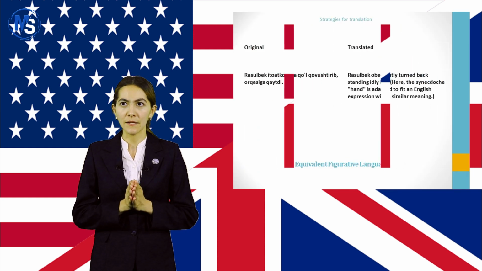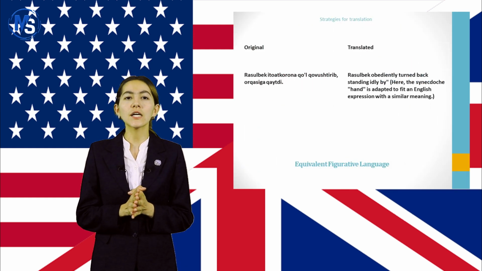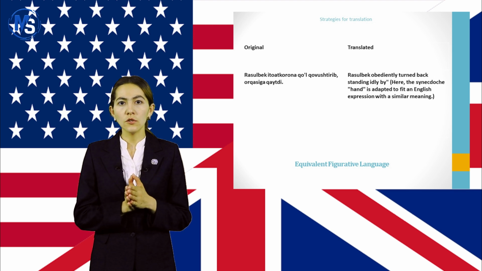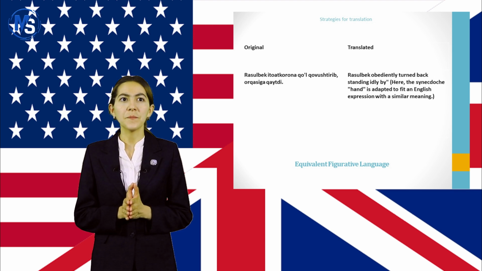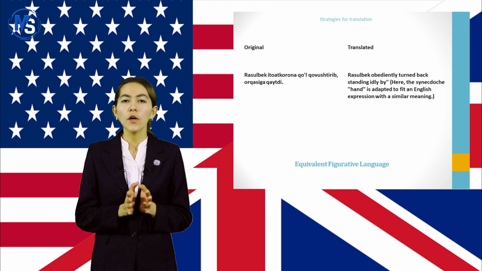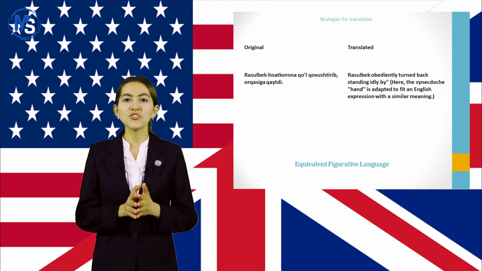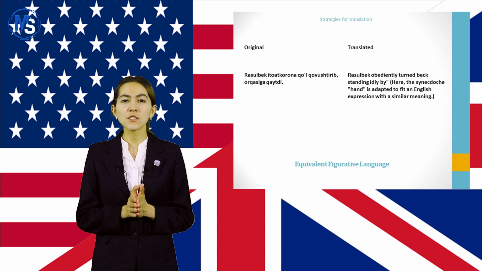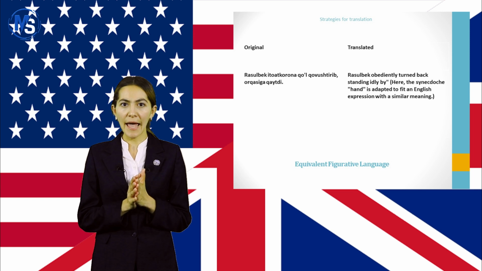The next one is equivalent figurative usage. Let's look through the example: Rasulbek itoatkorona qo'l qovushtirib orqasiga qaytdi. Qo'l qovushtirmoq in the denotative meaning means to clasp the hands.